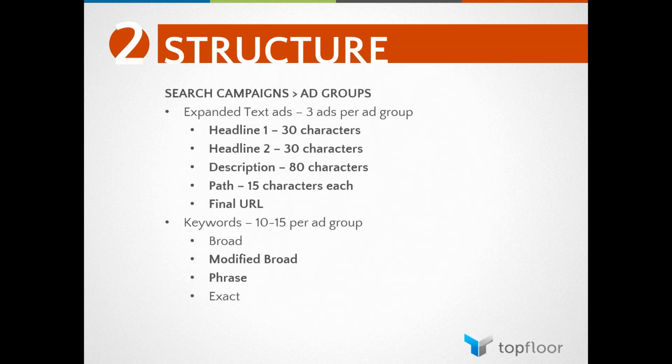One of the things that I've done semi-informally is testing my company name on the first headline versus the second headline and vice versa. Anecdotally, I have found from all my non-brand campaigns that having my company name on my second headline tends to give me a higher click-through rate and a stronger conversion rate. Because on the first headline, they are looking for the product that they're searching for as opposed to the company name.